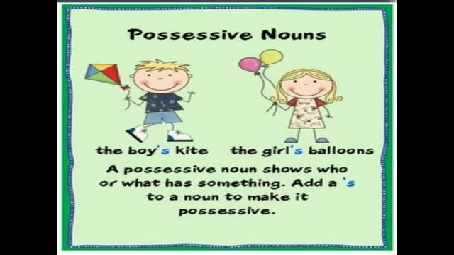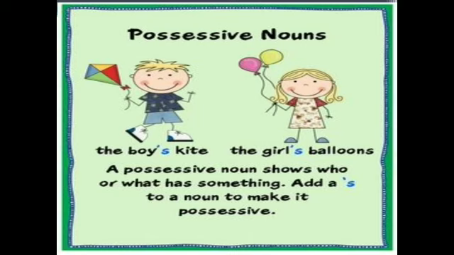As you can see in this picture, there is a boy who is holding a kite. So this kite belongs to that boy. When we want to show the possession of that boy on that kite, we will use the boy's kite. Here you can see apostrophe s is used, the boy's kite. Here a girl is holding the balloons.